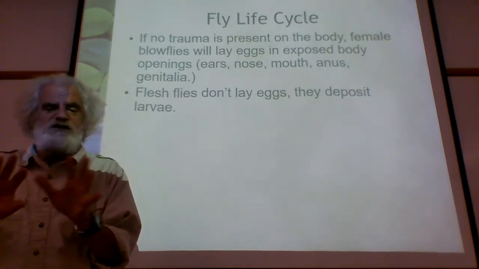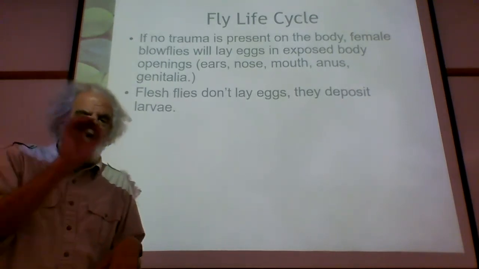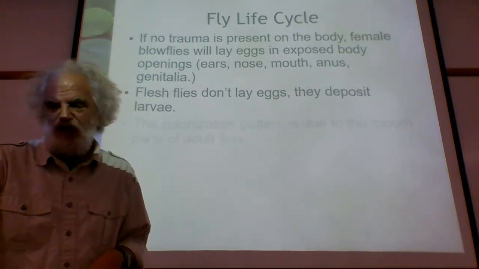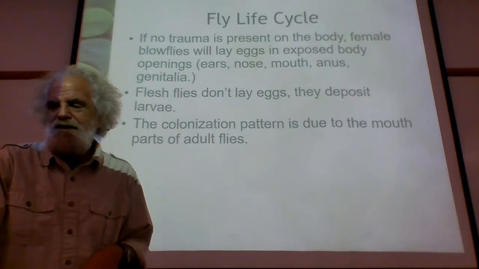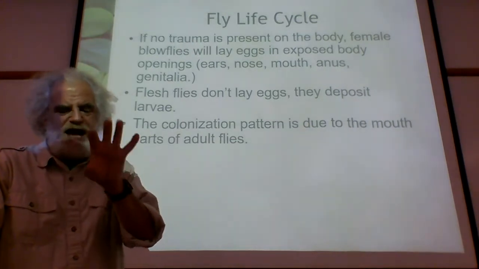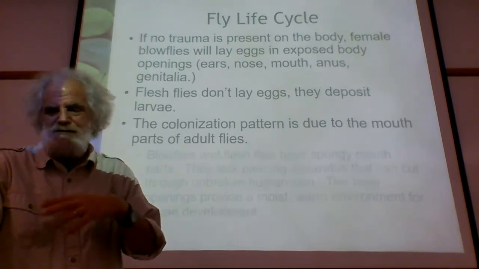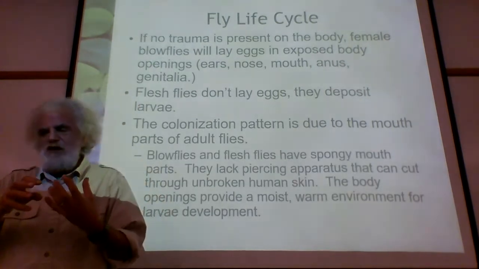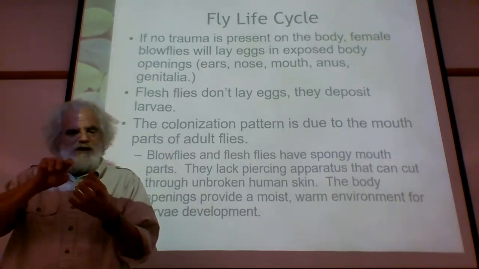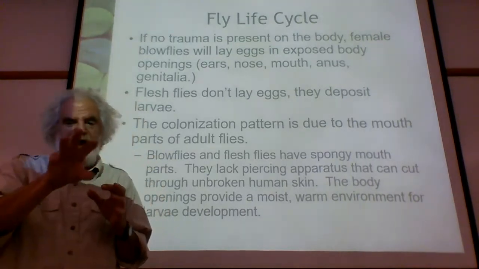The different kinds of insects do different sorts of things. Some lay eggs. Some actually lay larvae that have already hatched. And the mom is going to actually begin digging into the body and sort of making it so the body openings are really good spots.